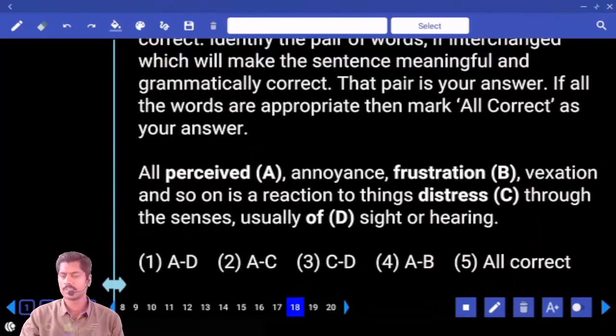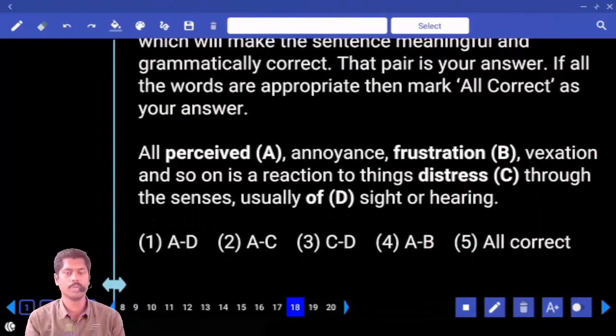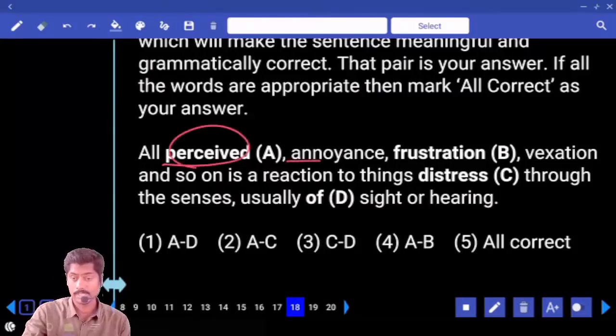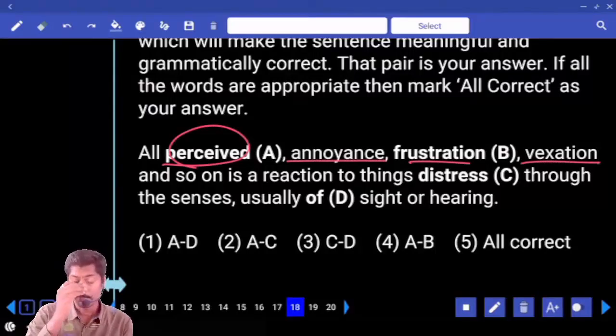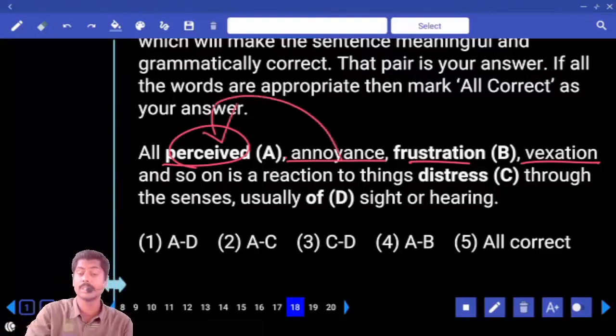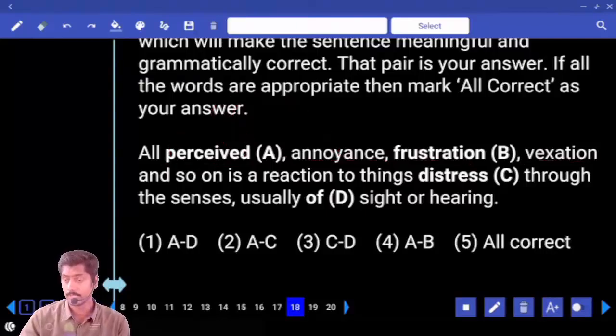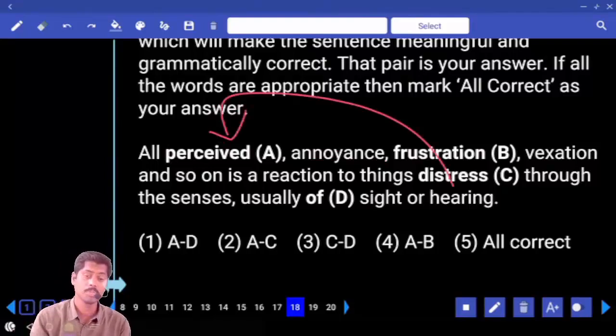Now it's word change. We need to interchange the bold words. All perceived. Now what is given after perceived? Annoyance, frustration, vexation, negative feelings. So, all perceived. If it is perceived, then there is no need of a comma, but a comma is given. I need a similar kind of word here. Annoyance related. All distress, annoyance, yes. If I keep distress, then let me check.